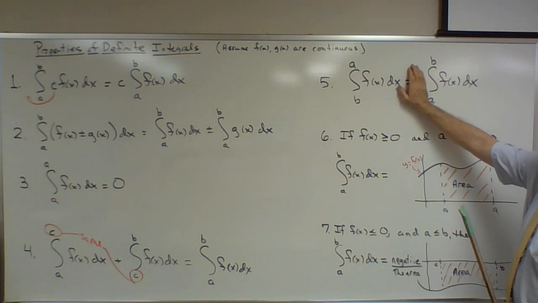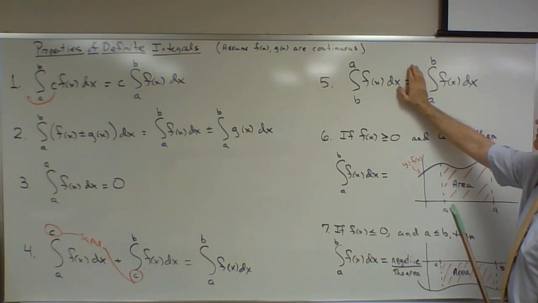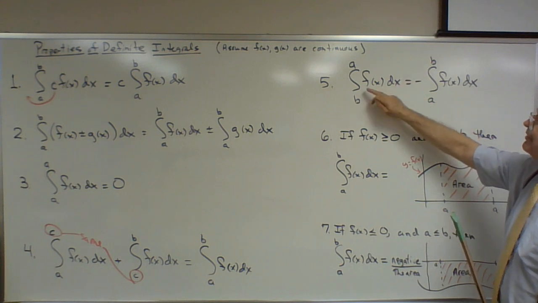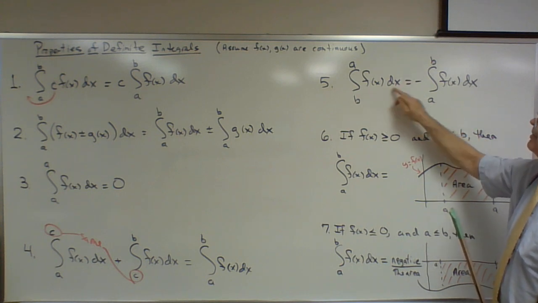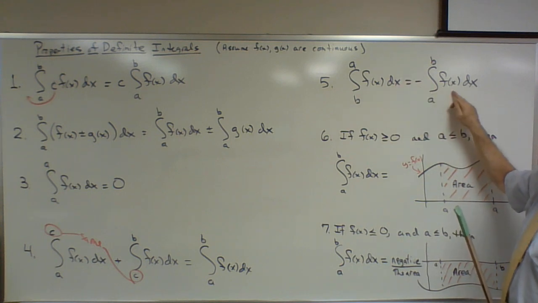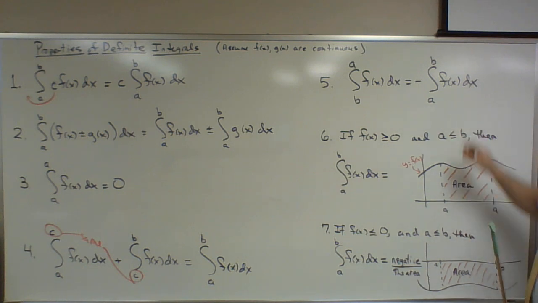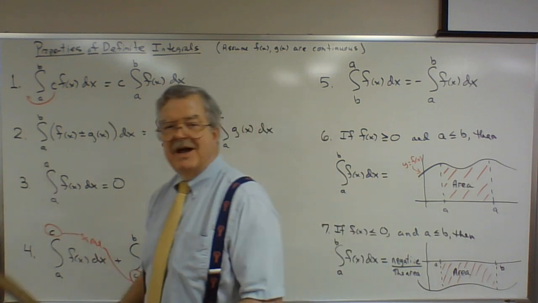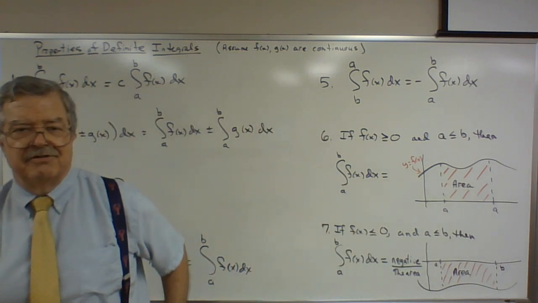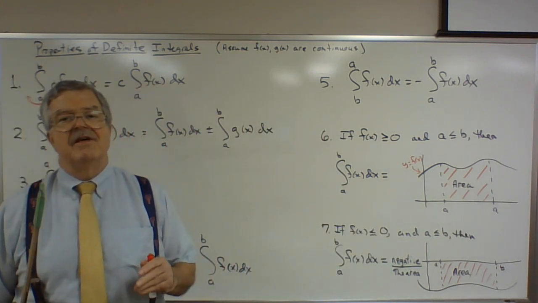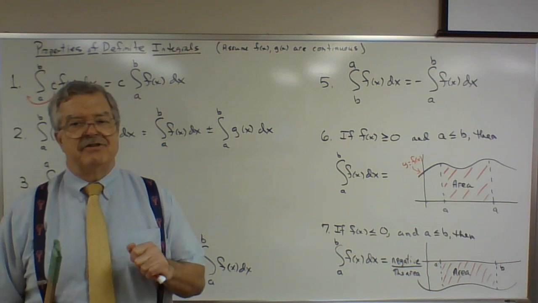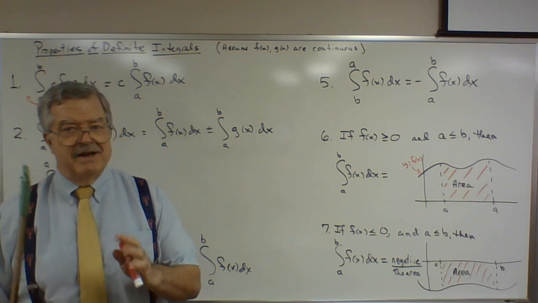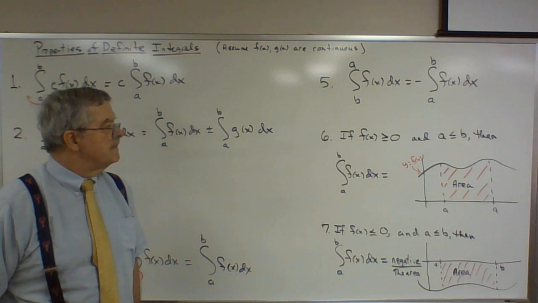If we take an integral from a to b f of x and we switch the upper and lower limits, the result is going to be the negative of the original integral. So if we switch the upper and lower limits, it changes the sign of the answer, plus or minus. Doesn't change the magnitude of the answer, but it changes the sign, plus or minus, of the answer.